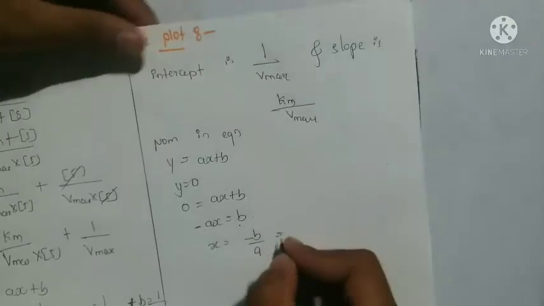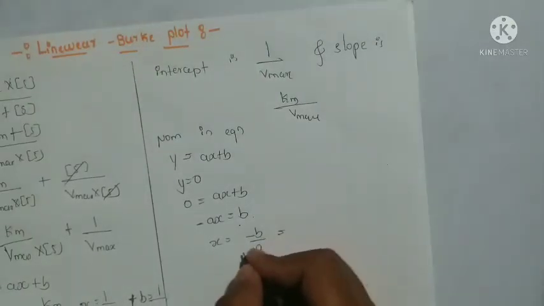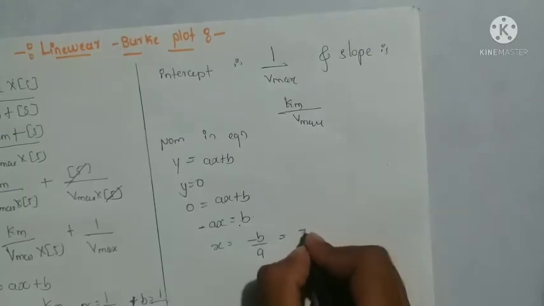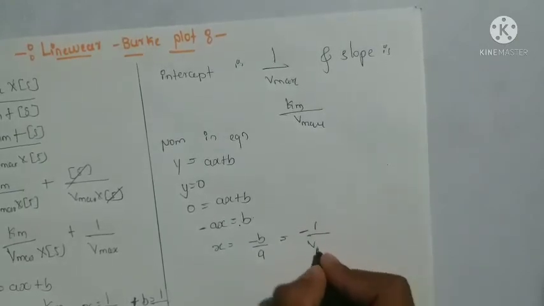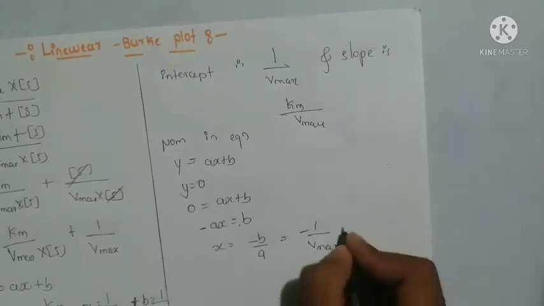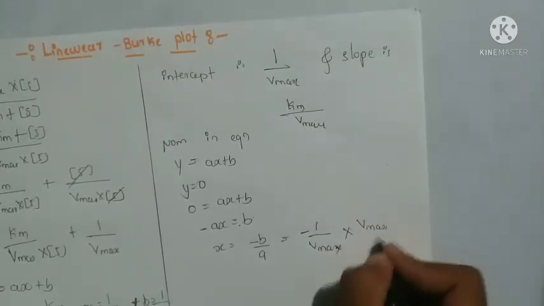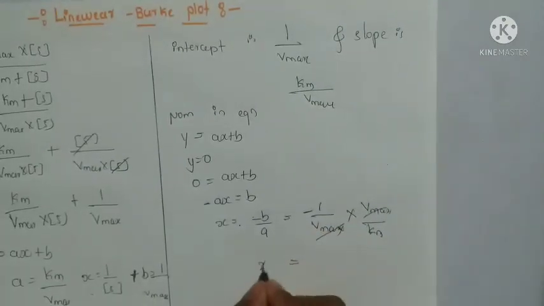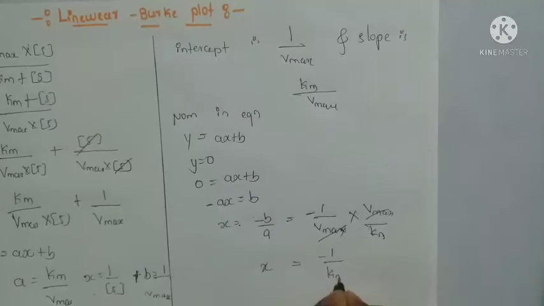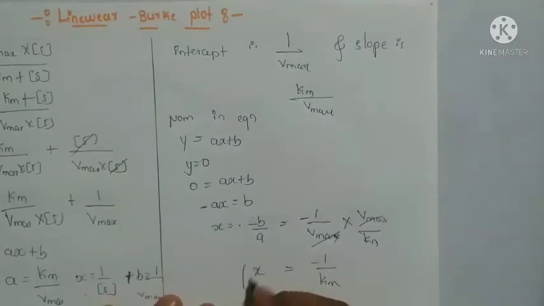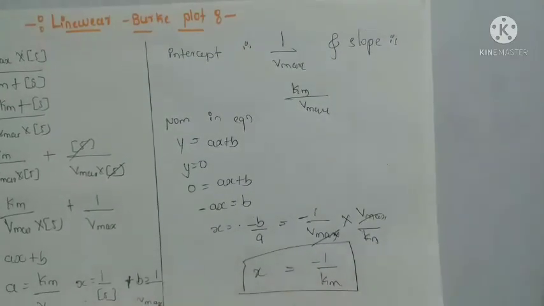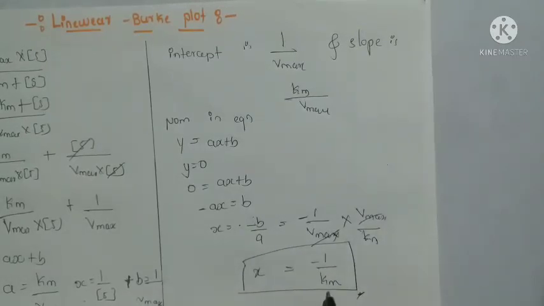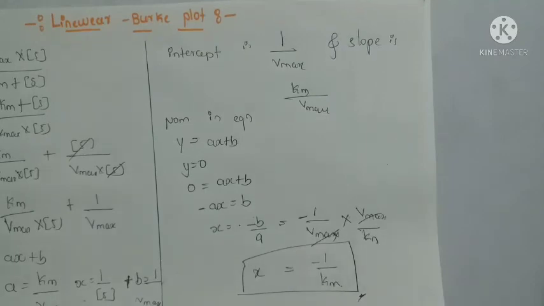Substituting the b and a values, we get minus 1 by V max into V max divided by Km. V max gets cancelled, so x equals minus 1 by Km. The x-axis intercept of the reciprocal Michaelis-Menten equation is minus 1 by Km.